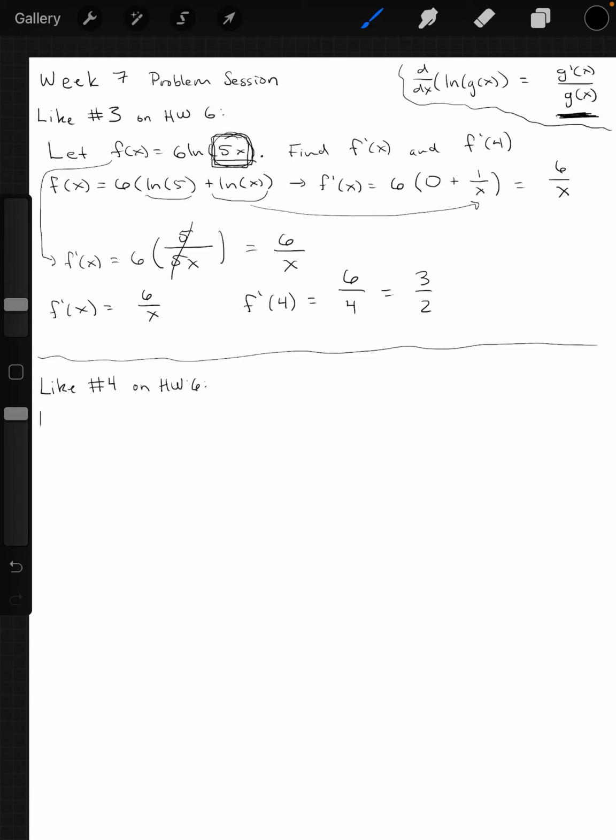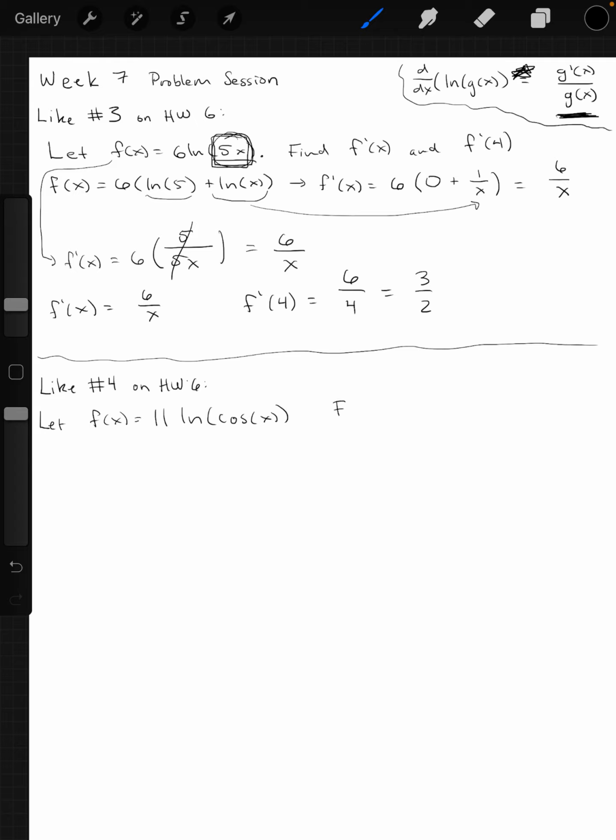If, as in this problem, you have inside the logarithm a trig function, well then you have to use this method. Right, this one up here.